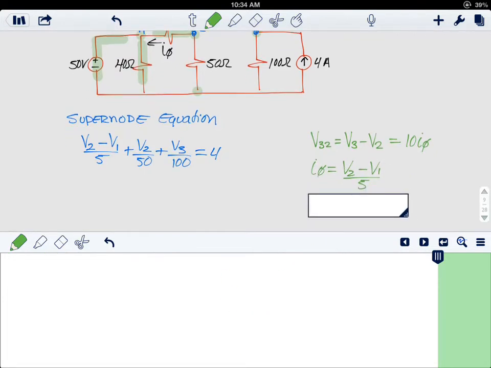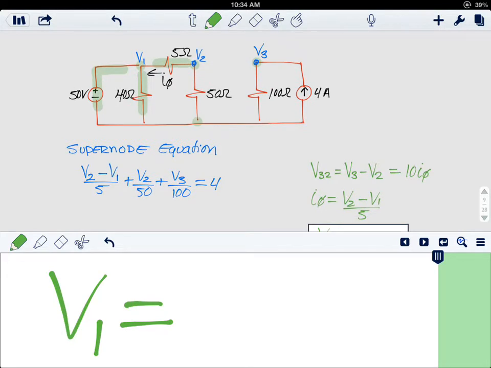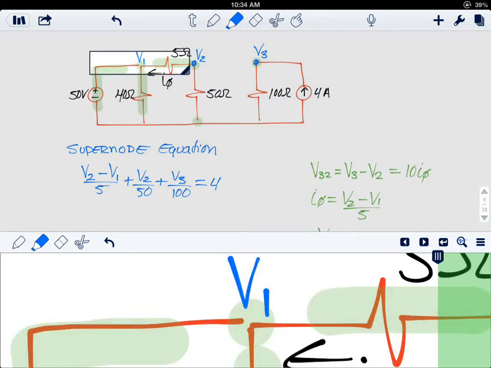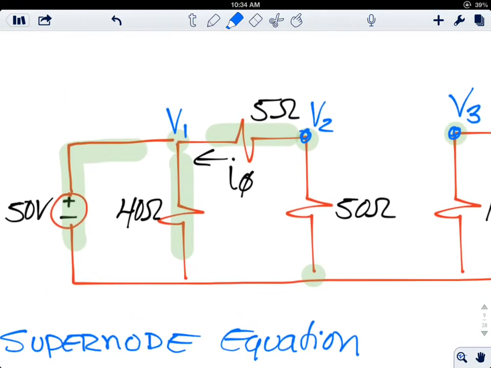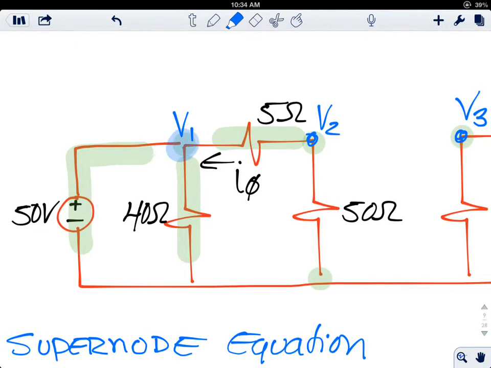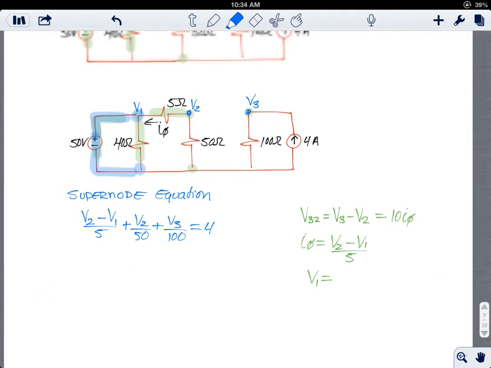And something else that we know is that voltage 1, if you notice here, this voltage from here to here, is in parallel with this voltage. So voltage 1 is equal to 50.